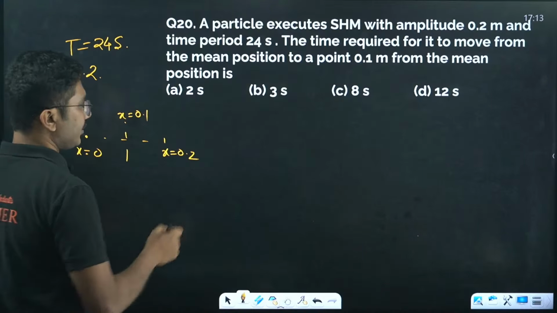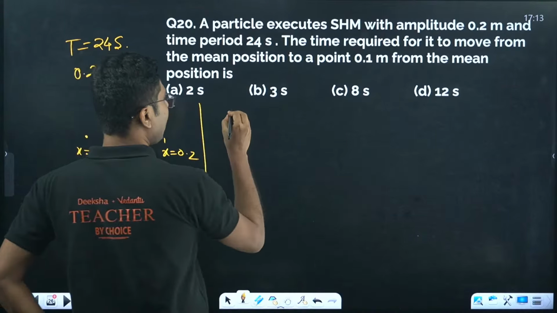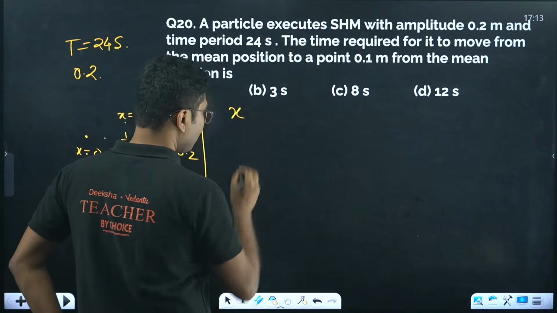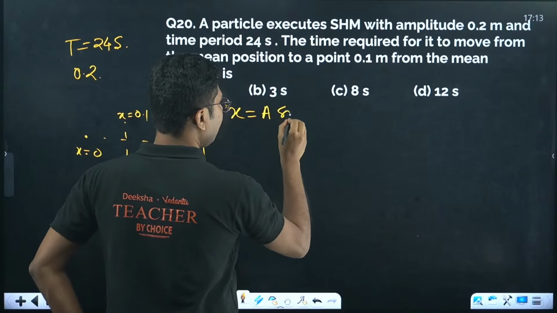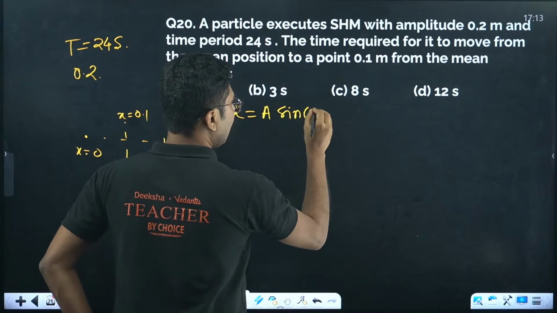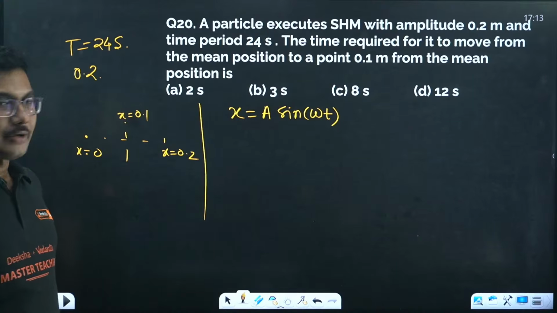How to solve this question? To solve this question, you have to know the equation of simple harmonic motion. The equation of simple harmonic motion is x equals amplitude into sine omega t, that is x equals A sine omega t.